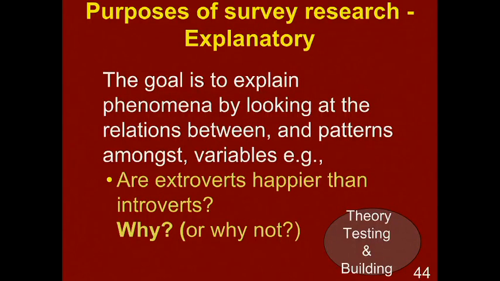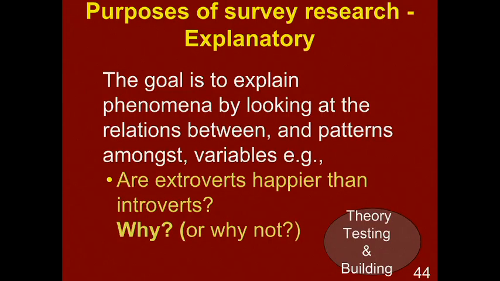Then we jump to theory testing and building and explanatory survey research. The goal here is to explain phenomena by looking at the relations or patterns between different variables. So now we've got a hypothesis or a research question.